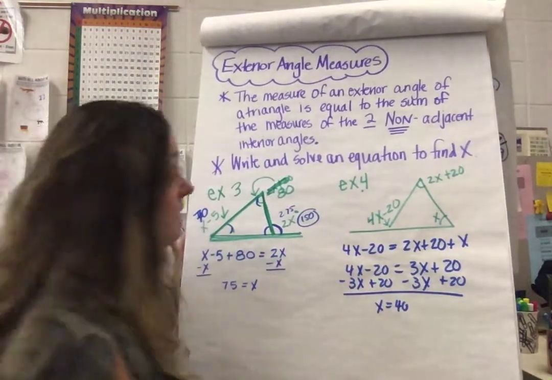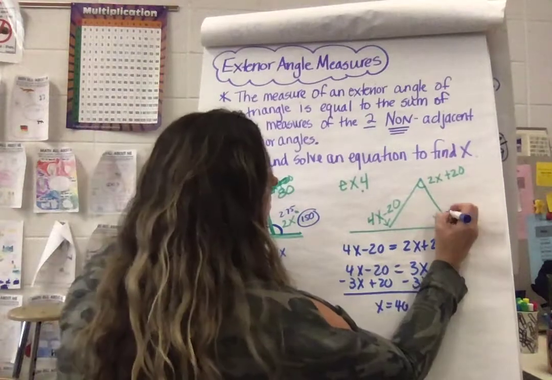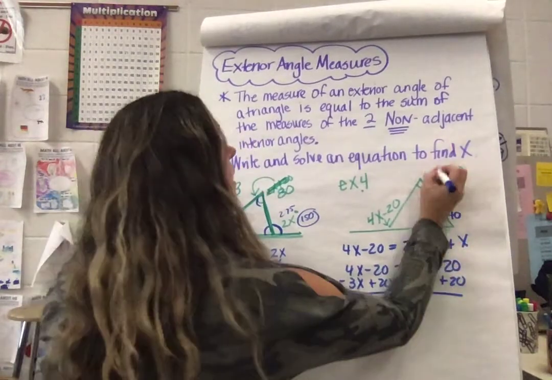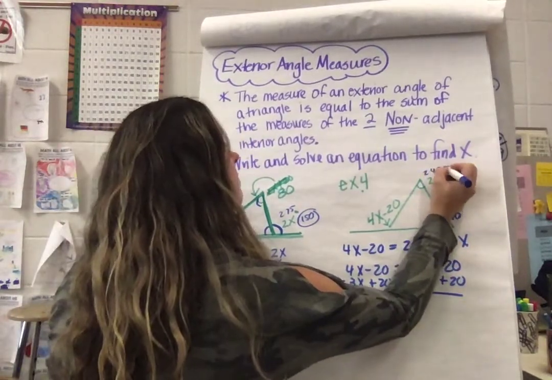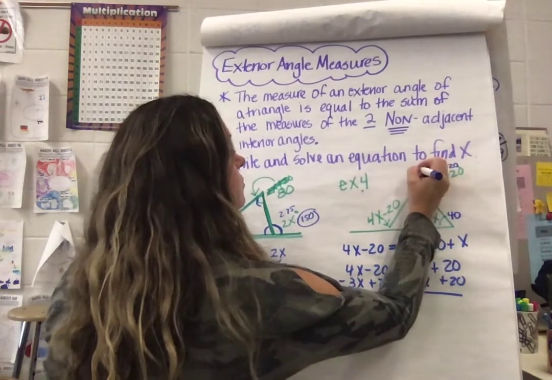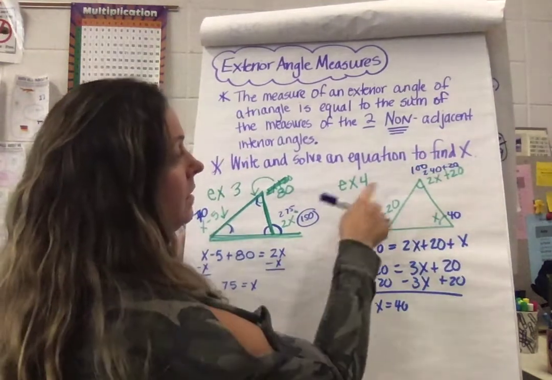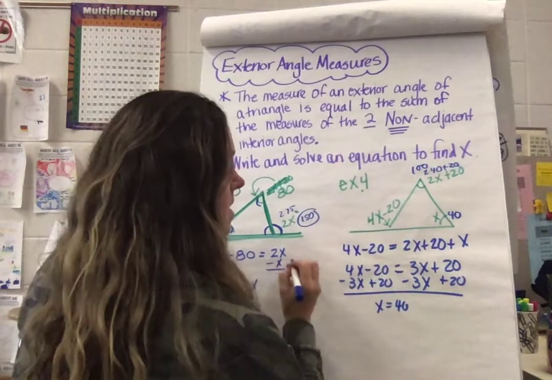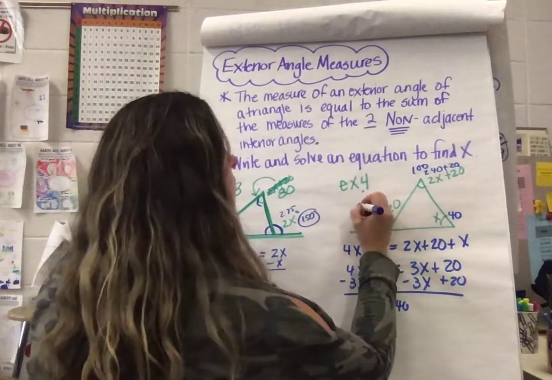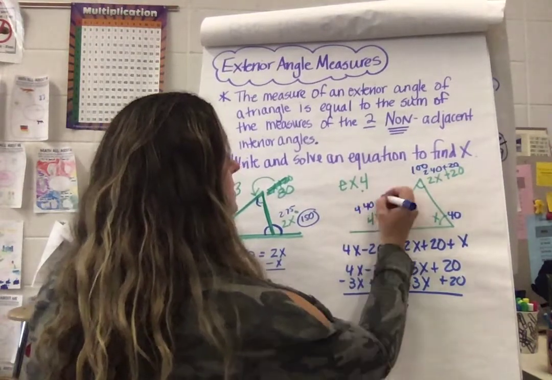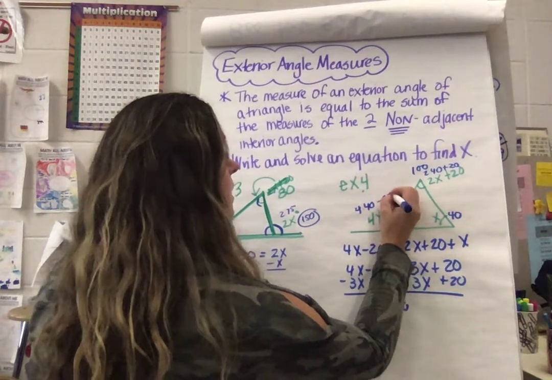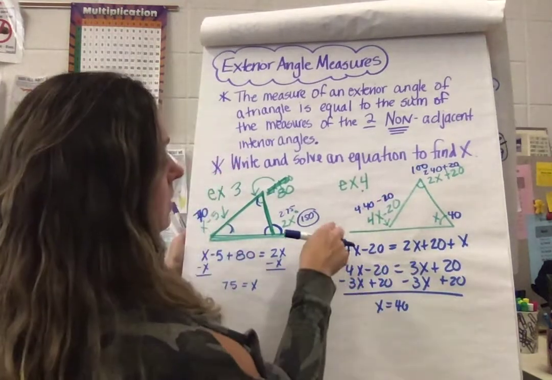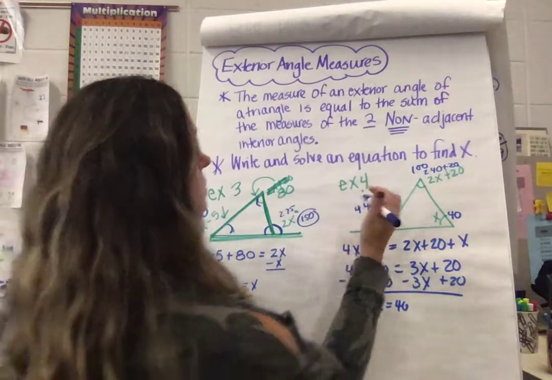They may ask you to stop there, or they may say, oh, now what are the angles? So I have 40. I have 2 times 40 plus 20, which is 100. 80 plus 20, yep. And then I have 4 times 40, 160, minus 20 is 140, right?